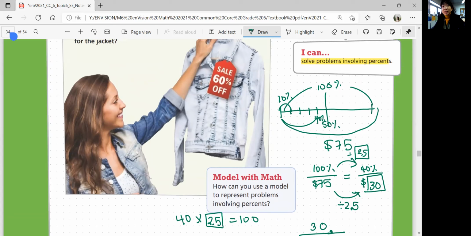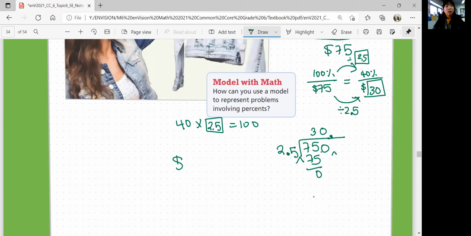So if it's easier to compute 75 divided by 10 and then multiply by 4, you could also do that. 75 divided by 10 is 7.5, and 7.5 times 4 is 30, right? Yeah, $30. So she paid $30.